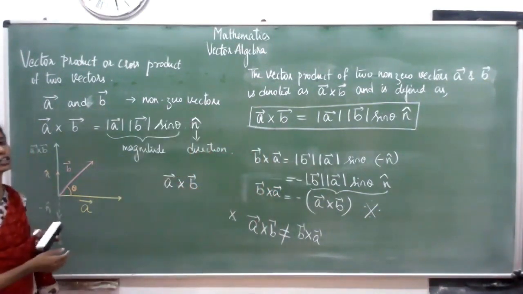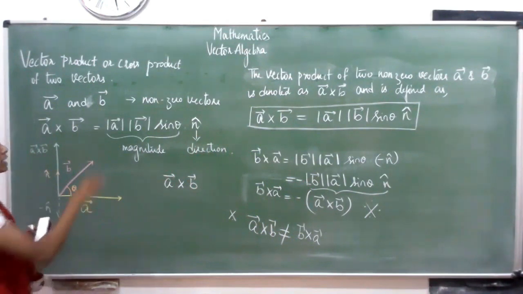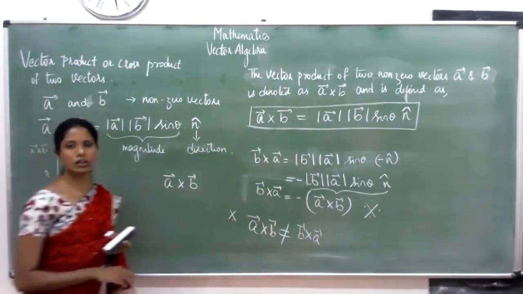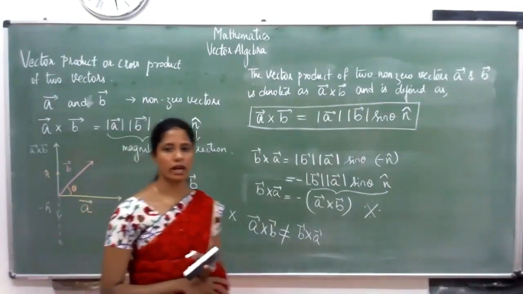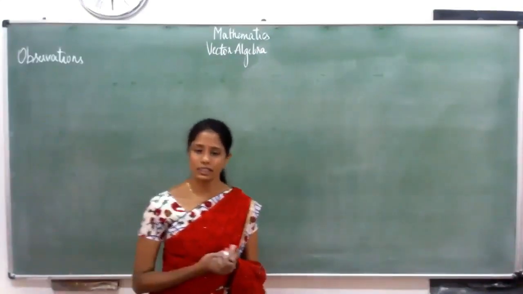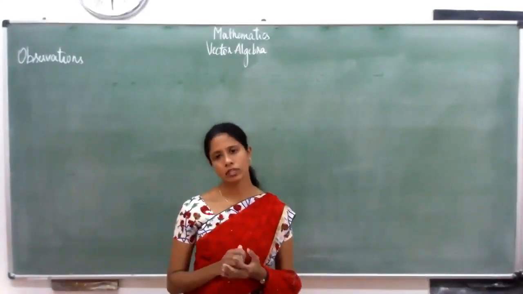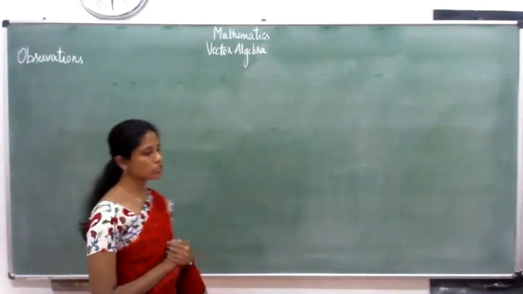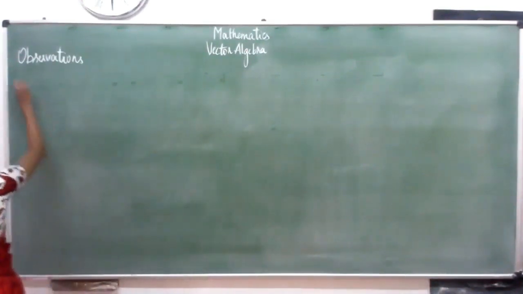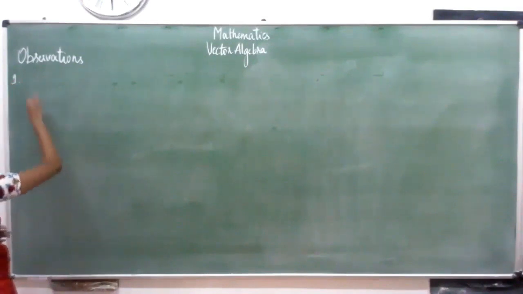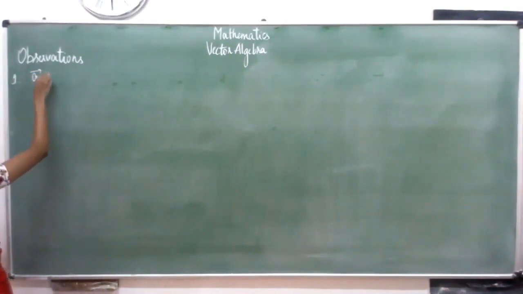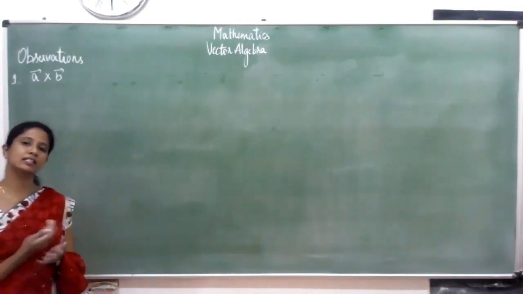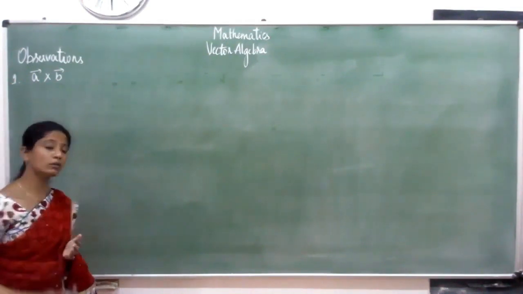Now let us move to the observations based on the definition of the cross product of two vectors. Now let us see what the observations are. So the first observation is that, as the name says, when I take the cross product between two vectors, the resultant is a vector again.